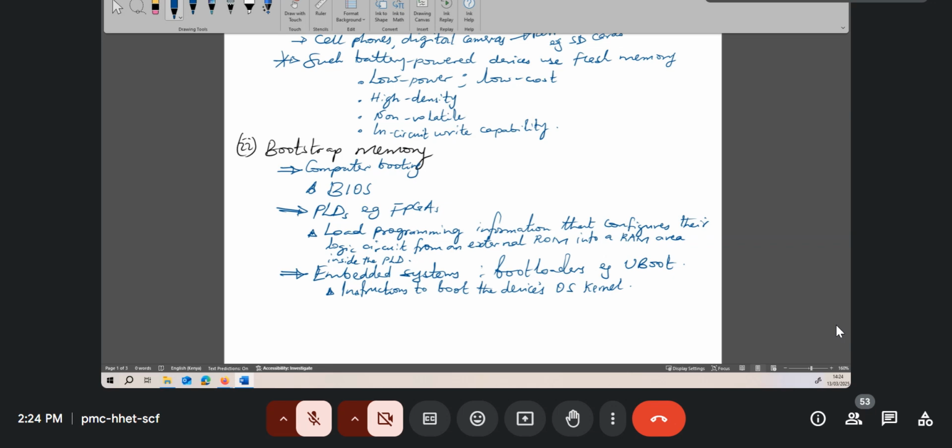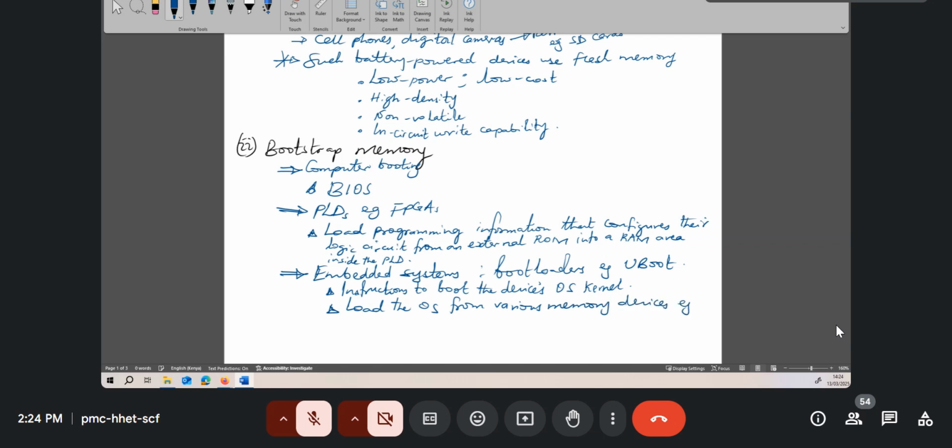Such a U-boot program will load the operating system from various memory devices.